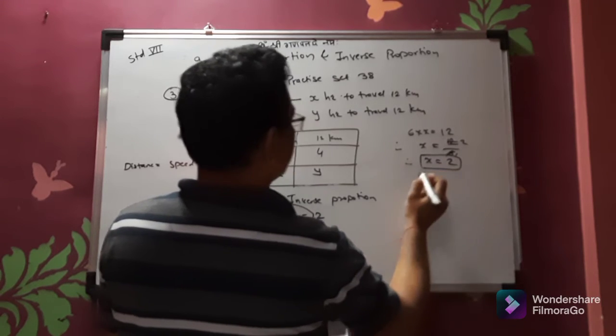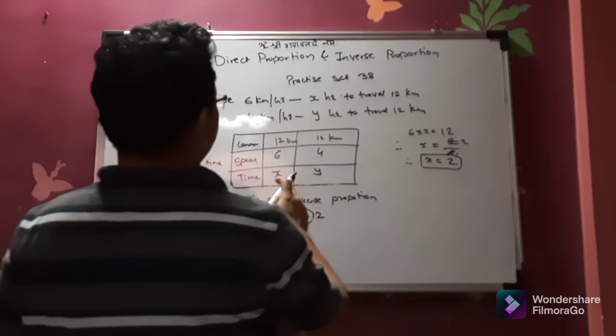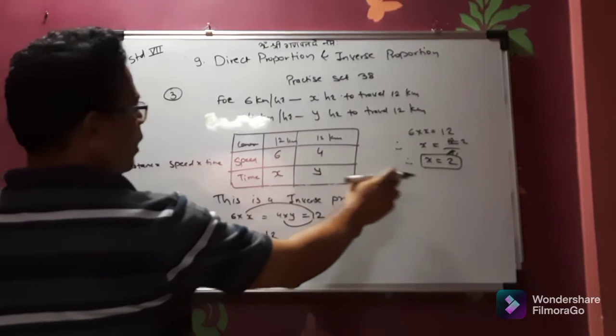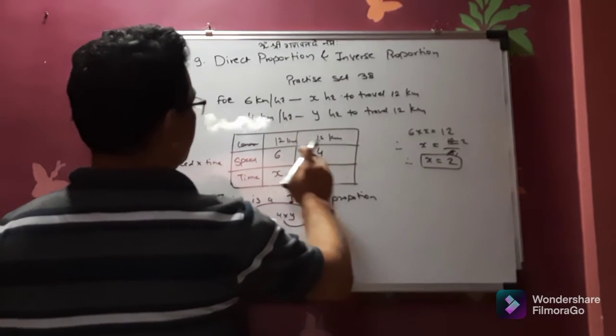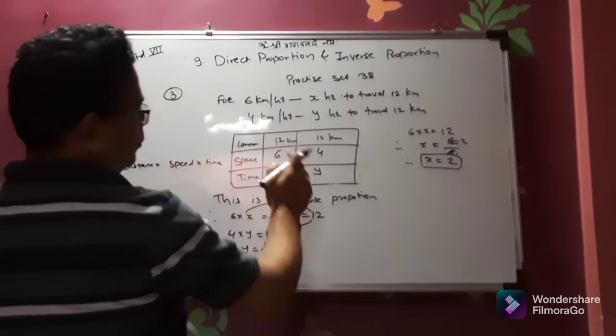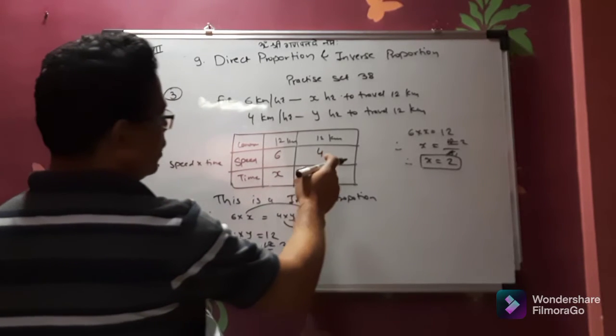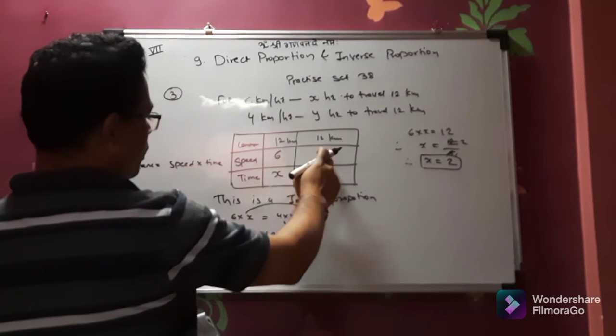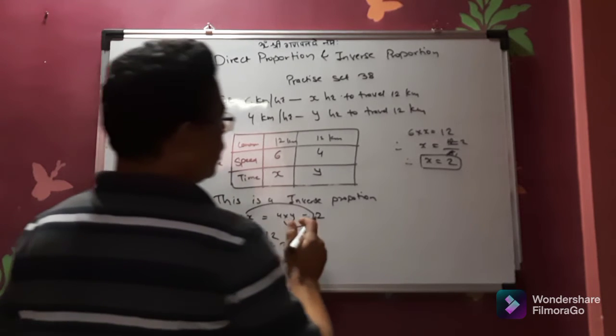This is the answer. When Mary travels at a speed of 6 kilometers per hour, she requires 2 hours to reach her aunt's house. When she cycles at a speed of 4 kilometers per hour, she requires 3 hours to reach her aunt's house.